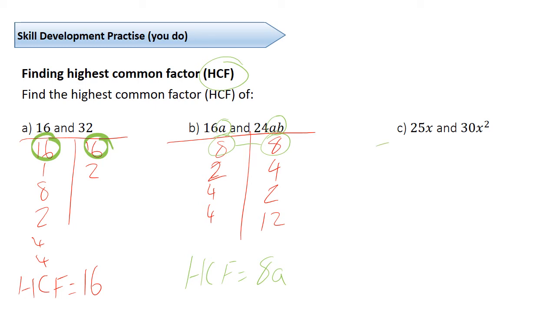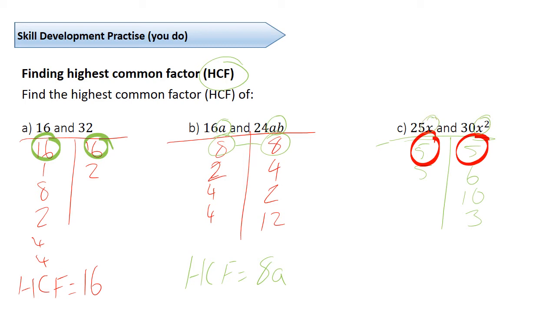And I'm going to compare my last one over here. I'm looking at 25x and 30, 5 and 5, 5 and 6, as well as 10 and 3, but not too stressed about that because I could already see that 5 was going to be my common factor there. Comparing the variables, I have x and I have x squared.